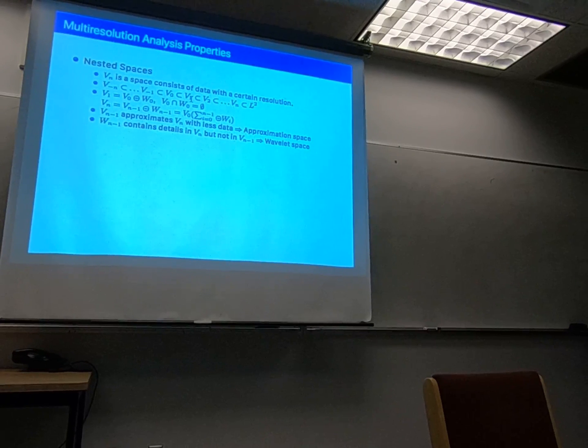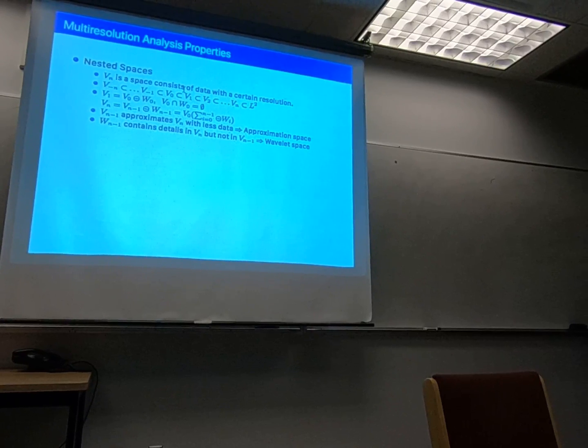Given the subset relationship, a higher resolution space, for example V1, can be decomposed into a lower resolution space V0 and its complementary part W0. The intersection between V0 and W0 is empty, meaning the information in V0 does not exist in W0.